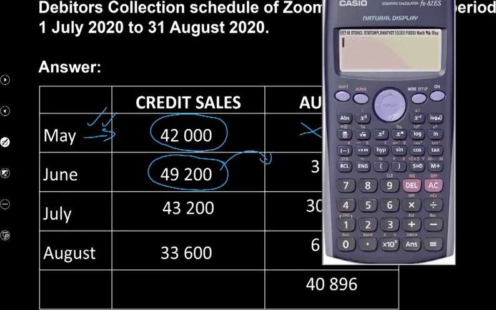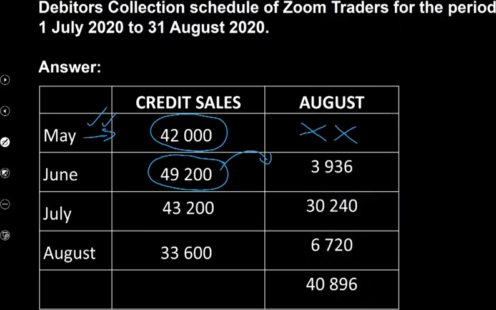We're looking at the 49,200, times the 8%, and that will give me a figure of 3,936. There's my 3,936.